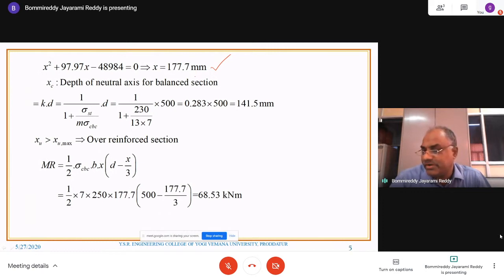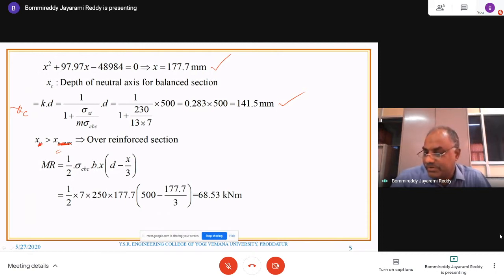If this is the question, to know the type of section, find out the critical depth of the neutral axis. xc equal to k d, and the k value you can find out using the standard formula, and ultimately xc is 141. So actual depth is 177, whereas critical depth is 141. So x value is more than xc, then it is called the over reinforced section.